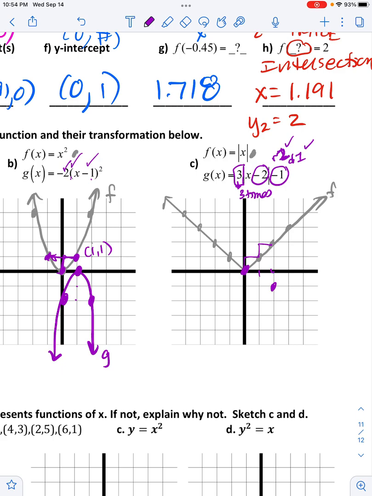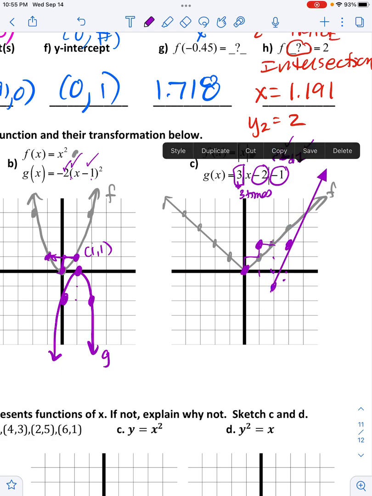So instead of going up 1 over 1, I'm going up 1, 2, 3 over 1. And then 1, 2, 3 back 1 to get the mirror image of that, because it's still going to be that V shape. It's just going to have a slope of 3 going up so that it's 3 times steeper.